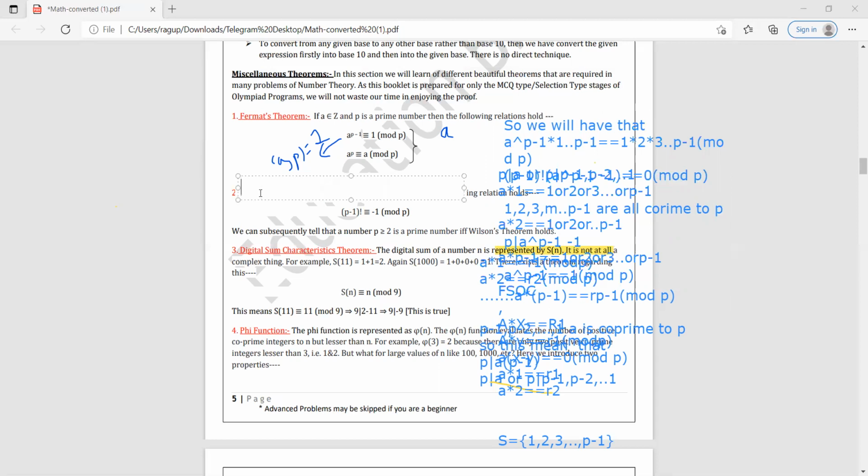So now we have Wilson's theorem. Wilson's theorem is very related to factorials and congruences. It says that p minus 1 factorial is congruent to minus 1 mod p.